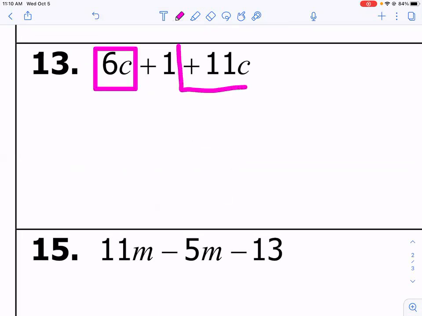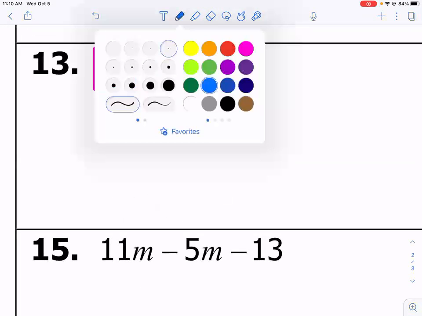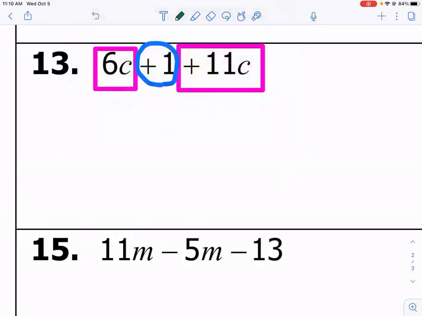Go ahead and box and circle number 13. I'm going to rearrange this just like we did with our green example.